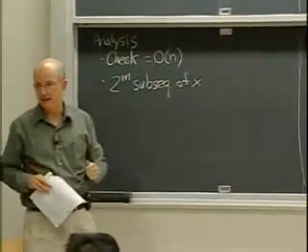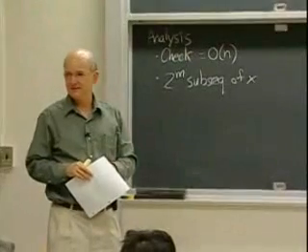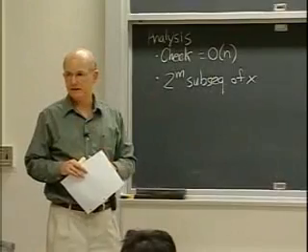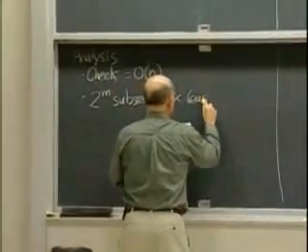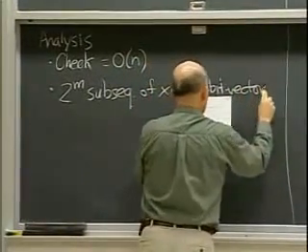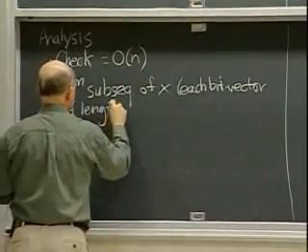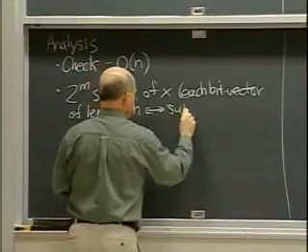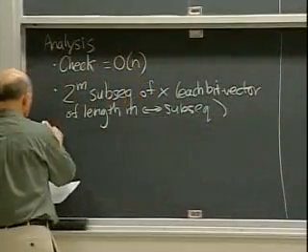Now, of course, you could have matching characters there, but in the worst case, all the characters are different. And so every one of those will be a unique subsequence. So each bit vector of length m corresponds to a subsequence. That's a generally good trick to know.